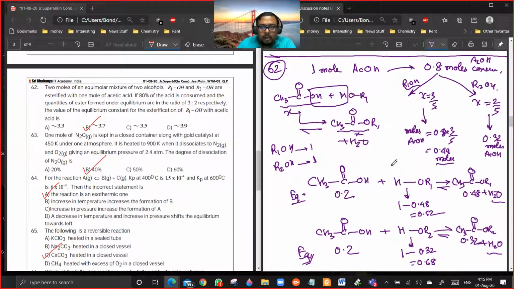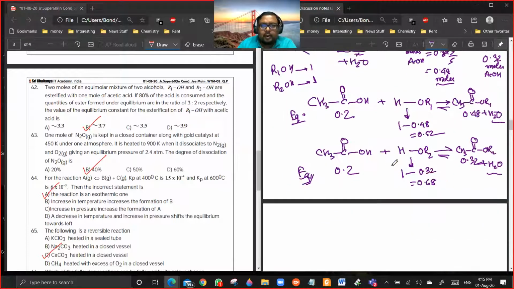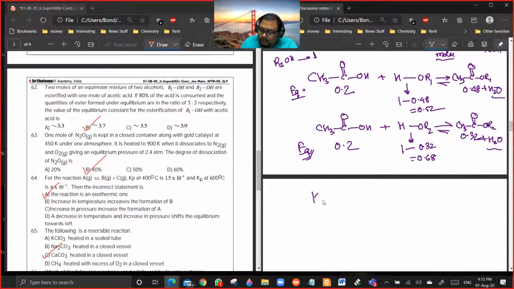So they are asking about the Kc for the thing. Have they given volume? They have not given volume, right? So if they have not given volume, let us take it to be 1. What will be Kc? Kc will be the concentration of CH3COOR1 at equilibrium divided by the concentration of CH3COOH at equilibrium into the concentration of R1OH.